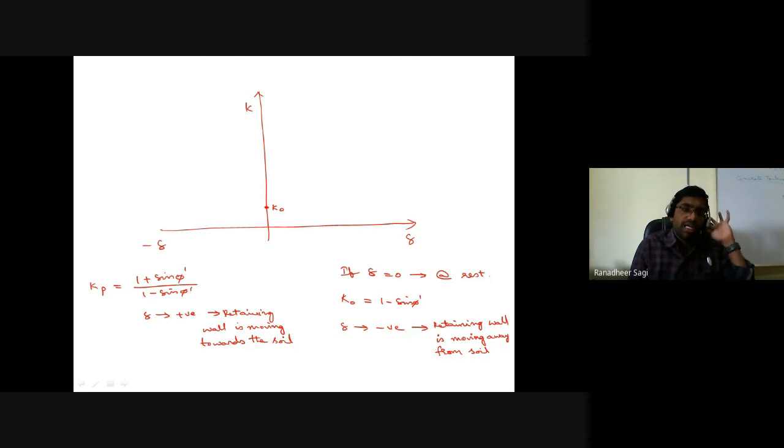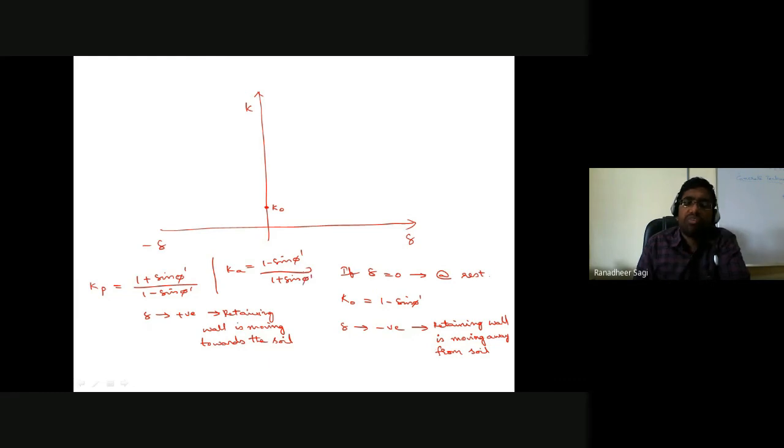So my Kp value is going to be greater than 1. Okay. In the case of active state, the expression for Ka is given as 1 minus sine phi dash by 1 plus sine phi dash.